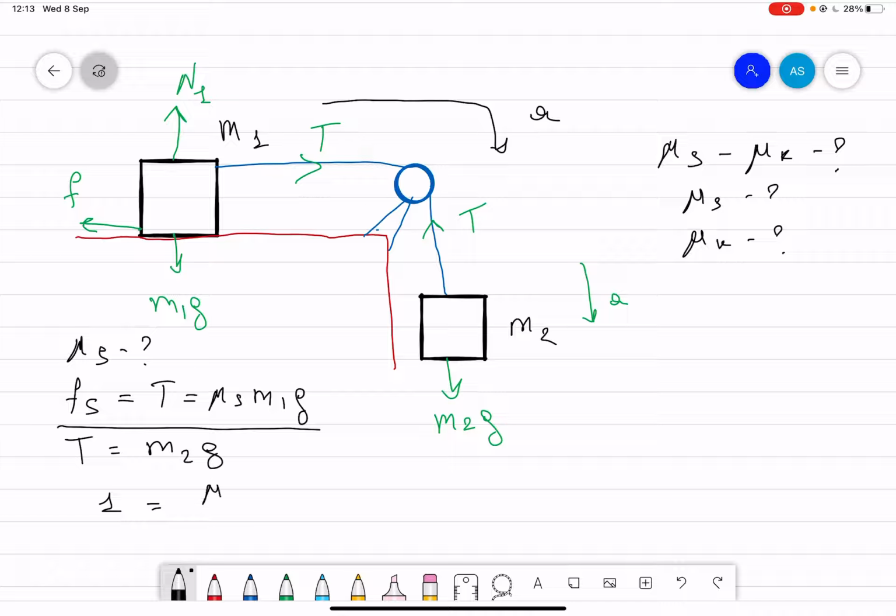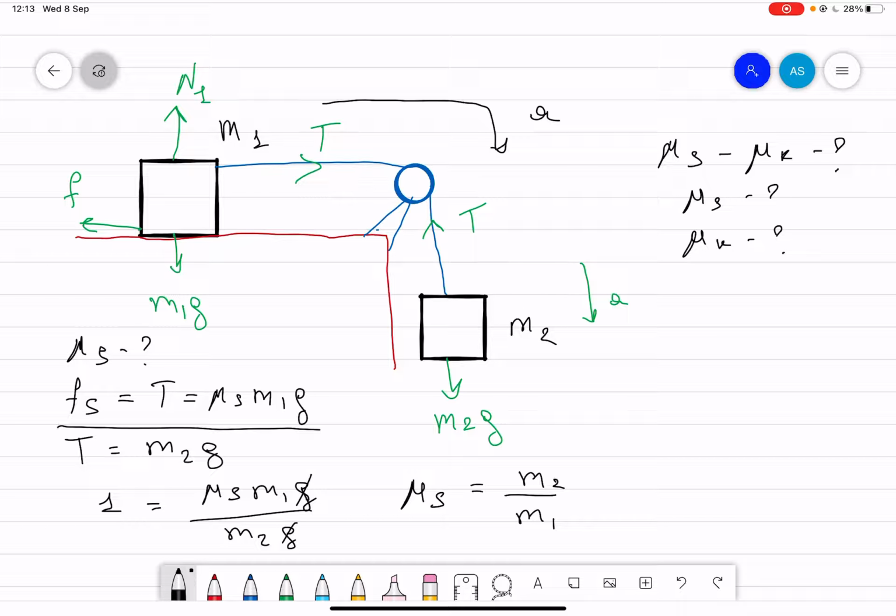That's 1 equals mu s m1g divided by m2g. So g cancels. Then from here, mu s is equal to m2 divided by m1.